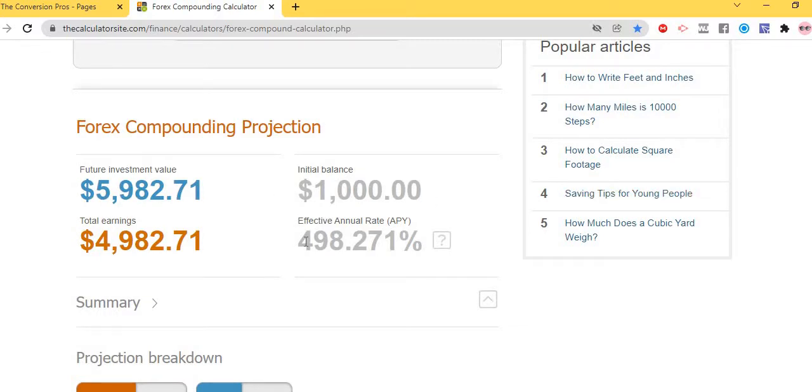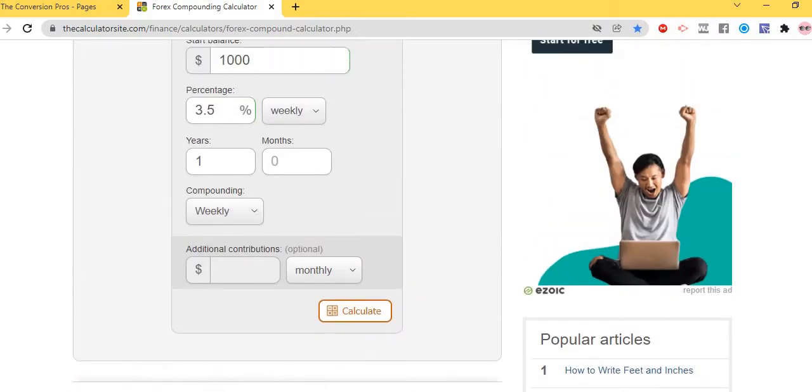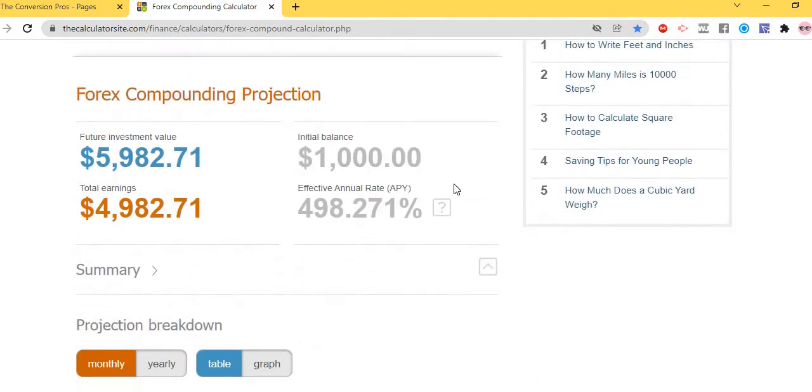If you didn't have $5,000 and you didn't want to start with $5,000, you can start with 1,000 to get to 5. Remember, we're going to help you get to 1,000, then to 5, and then to 10. You can start with 1,000, and in 1 year's time, you will make $5,000.